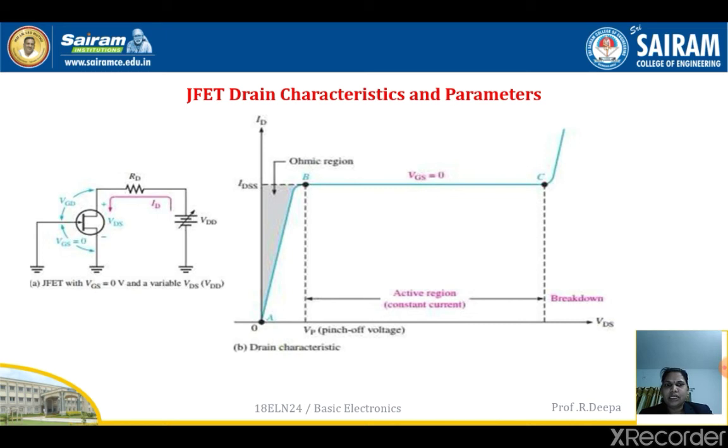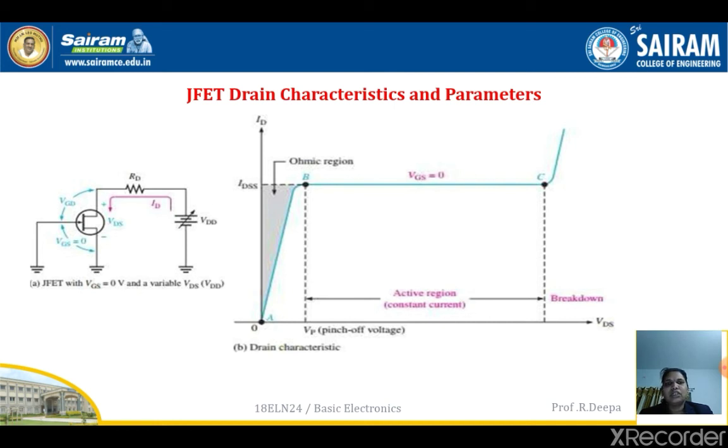If I keep on increasing the VDS voltage, the drain current increases and it reaches a maximum value of IDSS. This point is marked as point B on the graph, and the voltage at which the drain current reaches the maximum value we will call VP, that is the pinch off voltage, the voltage at which the drain current becomes maximum and further it will not increase.